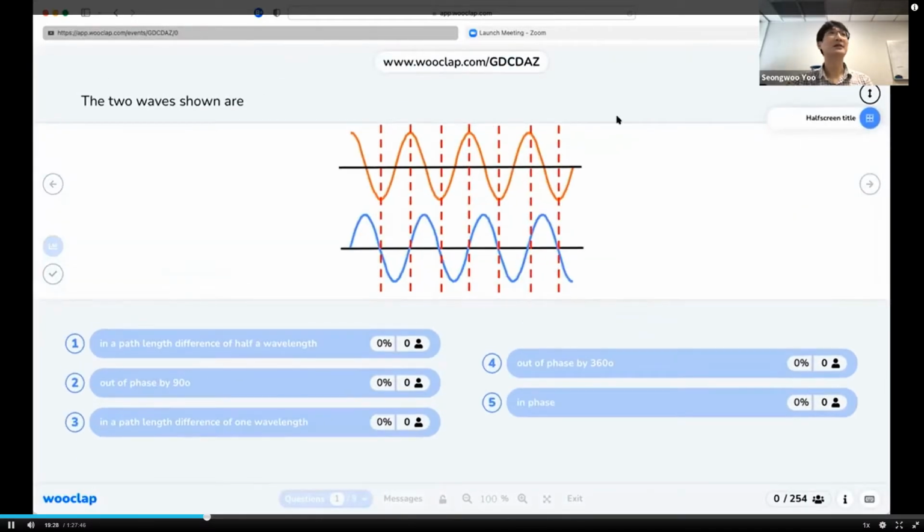Sorry. Yeah, the two waves shown are like this. And then what do you think is the phase difference? You can start the vote now.